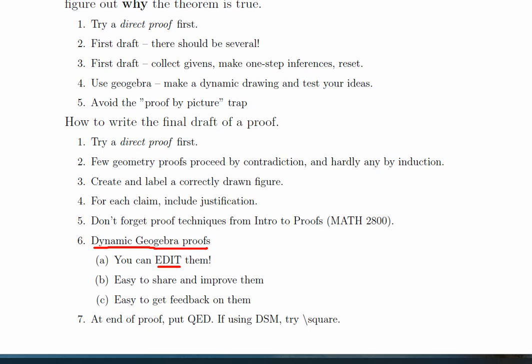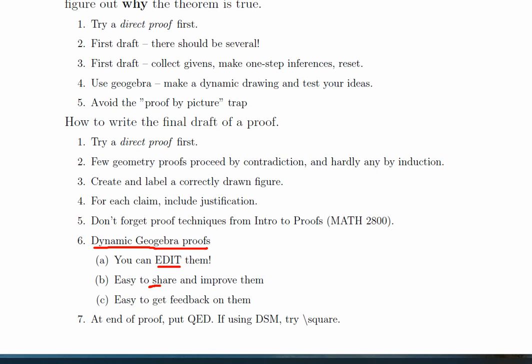Usually when you turn something in, you've written it on paper and you're handing it to the professor. But we've got this nice situation where you can hand in your proof, it's just a link to your GeoGebra file, and you can update it, okay?